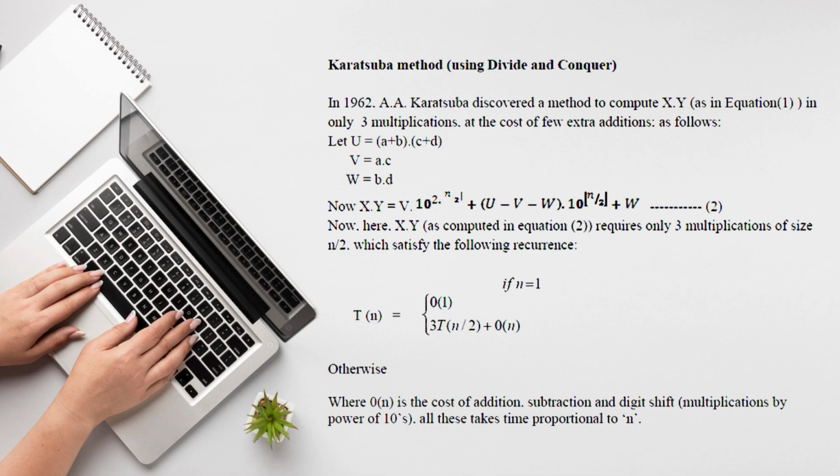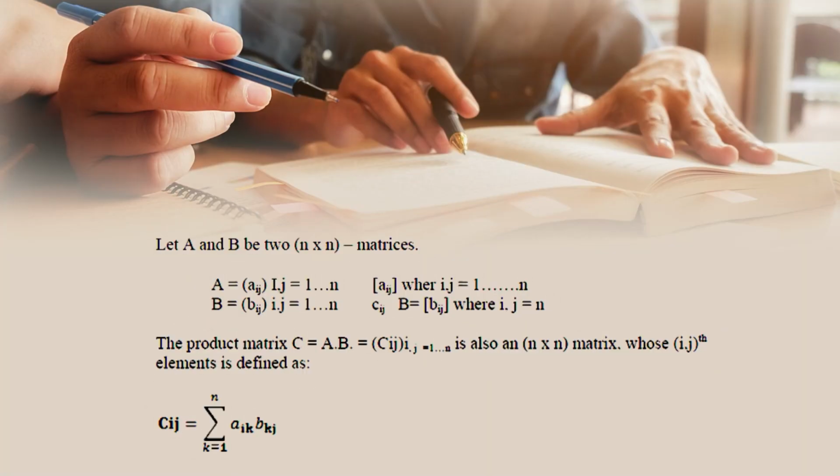So rather than going the traditional way, if you divide the problem following the divide and conquer method and reduce the multiplications, you can get a lower complexity compared to the previous method. Similarly, going forward, in case of matrix multiplication also. Matrix multiplication is a little bit different from integer multiplication, because in integer multiplication there is only one element.